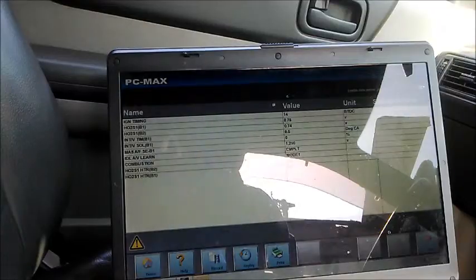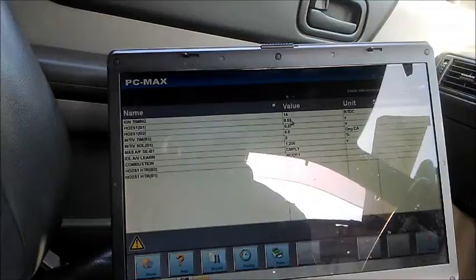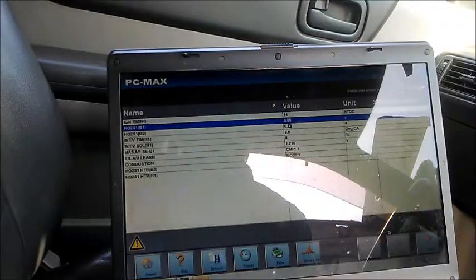Ignition timing at idle is standing at about 15 degrees before top dead center. Oxygen sensors, I want to show you that they are switching very well.